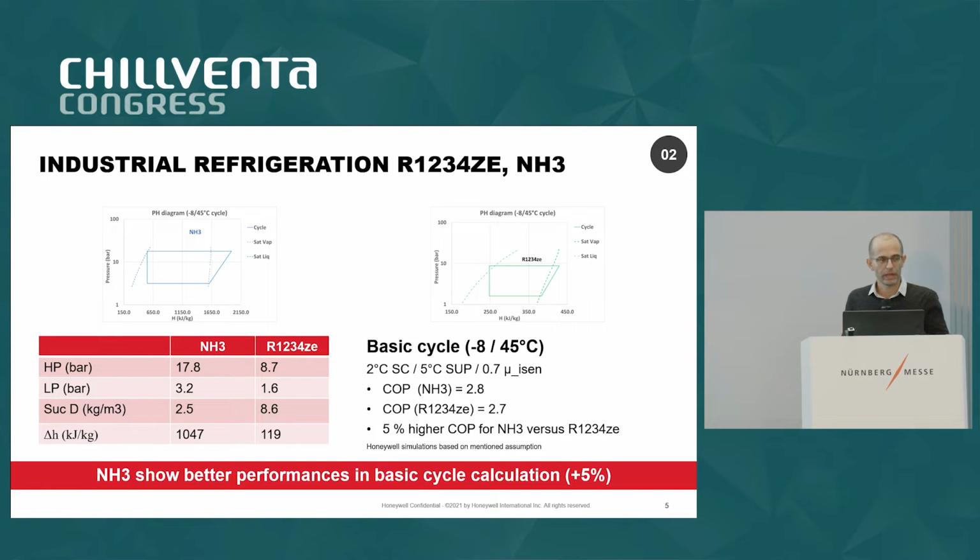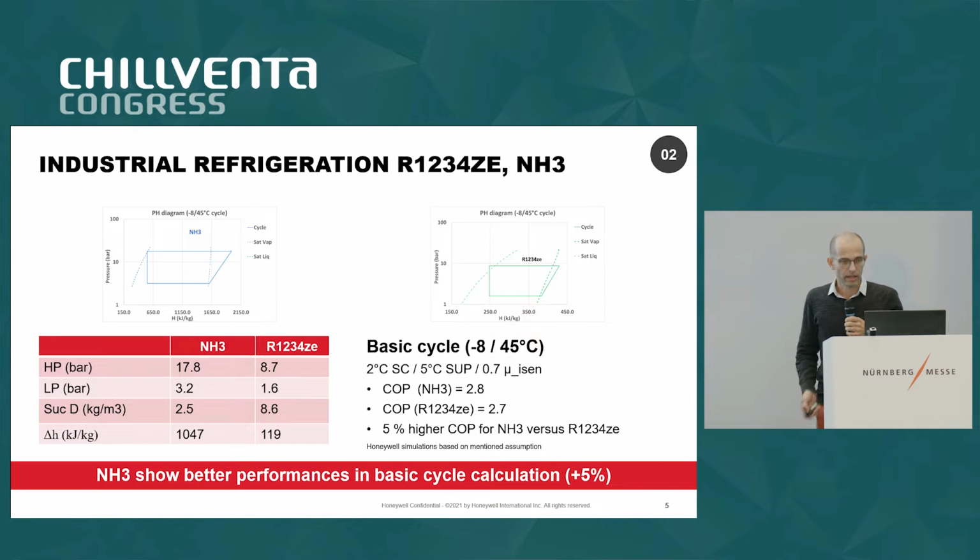If we focus on the COP, we can see that under this condition, ammonia has a 5% higher COP than Solstice ZE. So it's a first step to understand the refrigerants, but let's go forward.